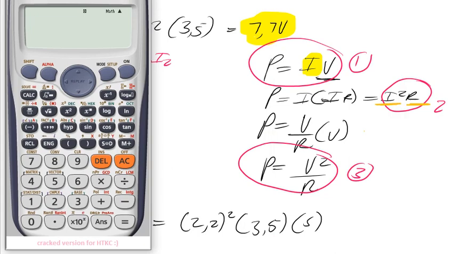So you can have 2.2 squared, open bracket, 3.5 times 5. Remember they give you time as well. You're going to have this 84.7.